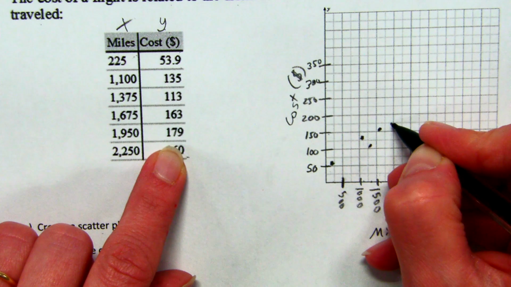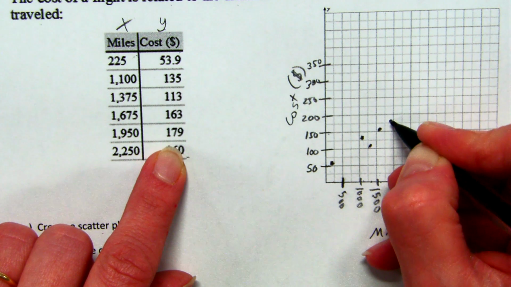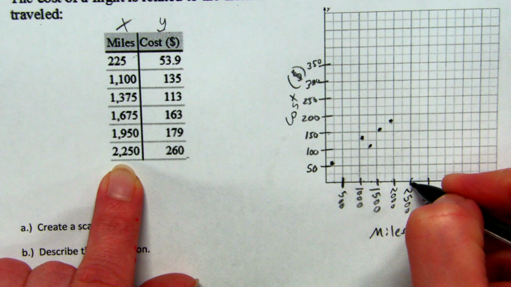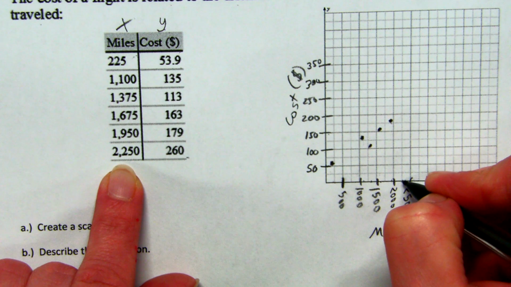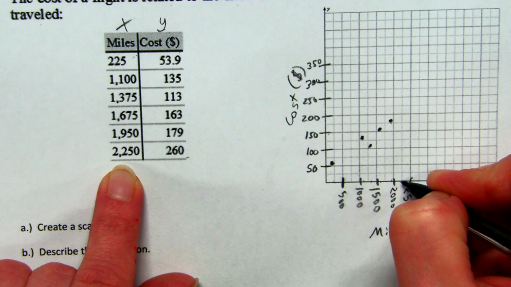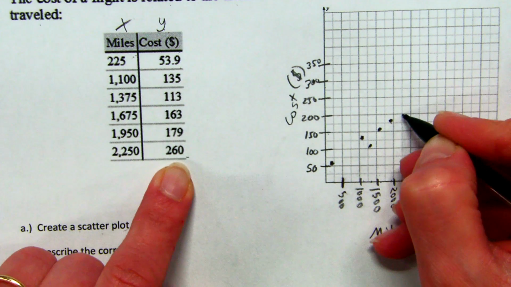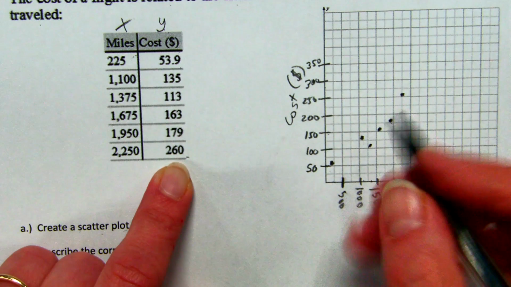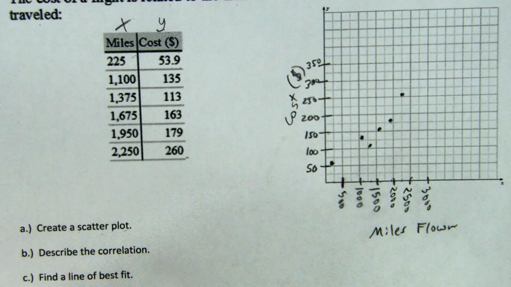This would be 175 right there, so a little bit past that. And then 2250, this would be, let's see, this is 2000. 250 would be just right on that line. I just had to check that in my brain. And then 260, about right there. So that's where our points would go.